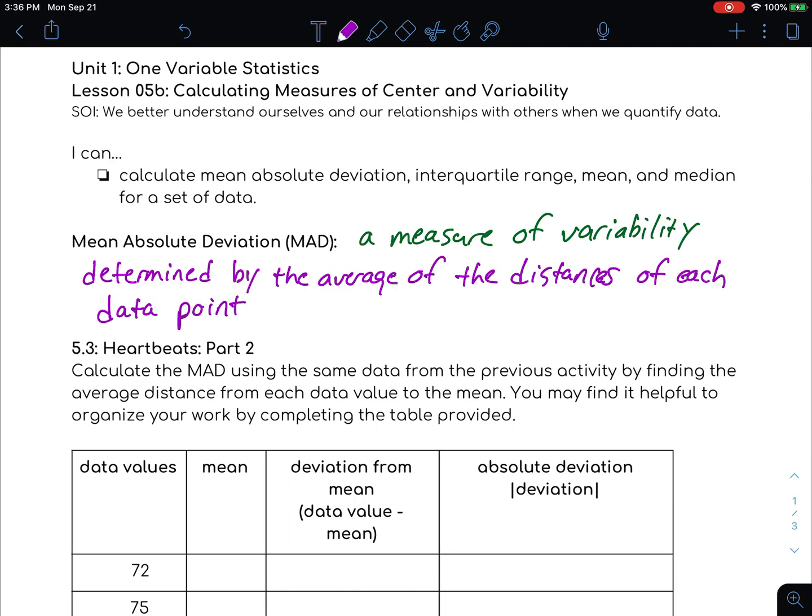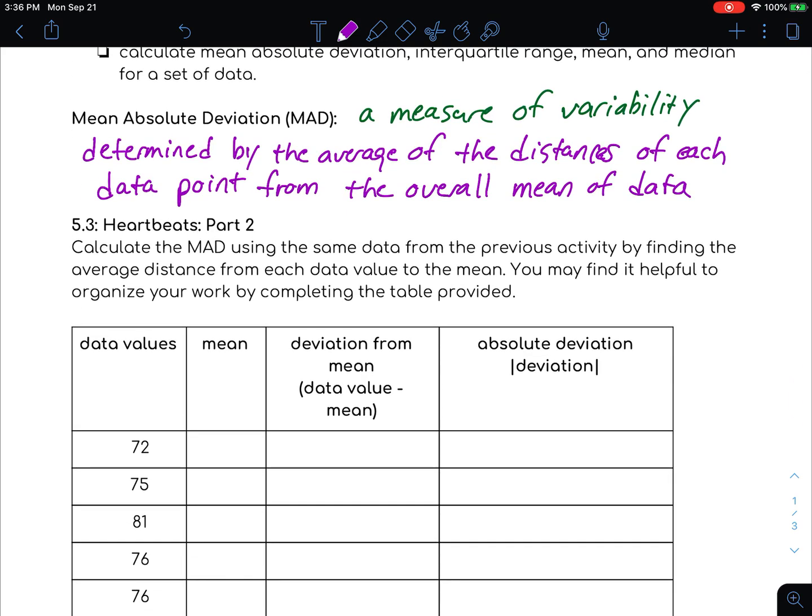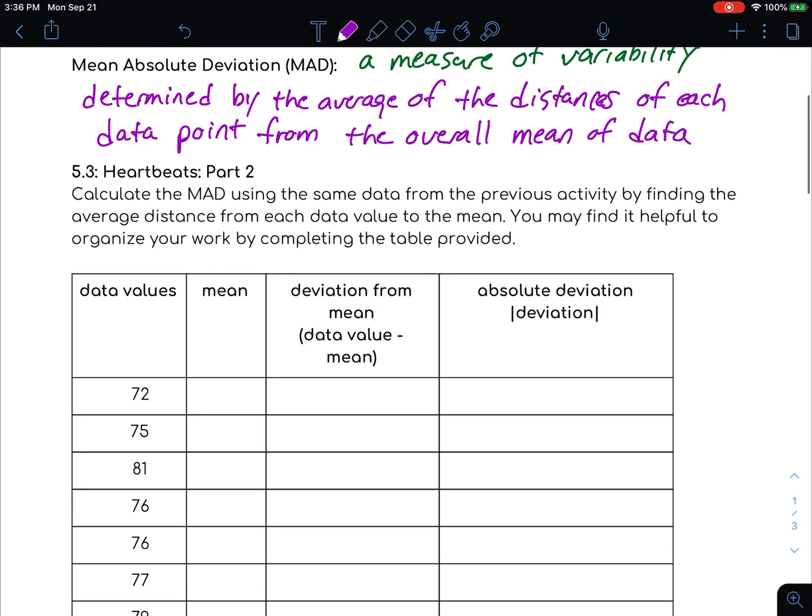Each data value from the overall mean of the data. Remember, mean means average. So this is kind of like the average of the averages. So average of the average distance is what we're trying to say here. So if we look at all the distances away from the mean, we're looking for the average of those distances.